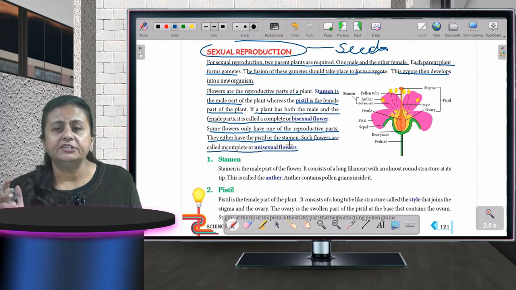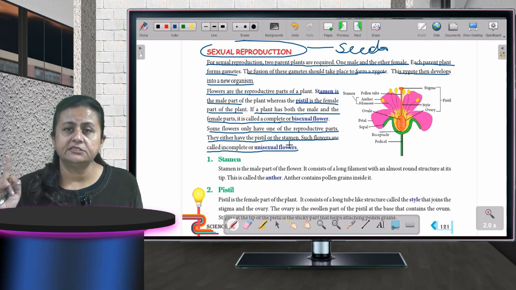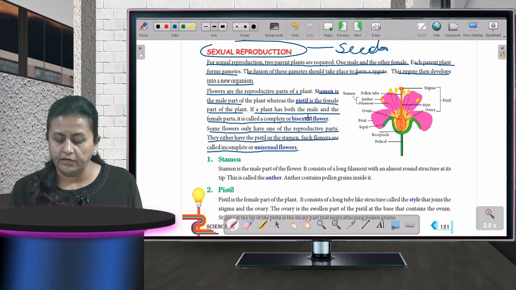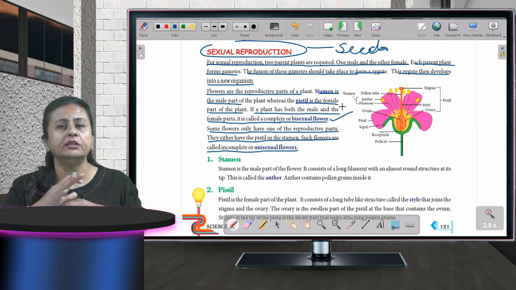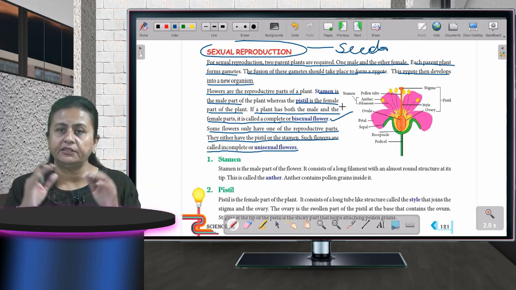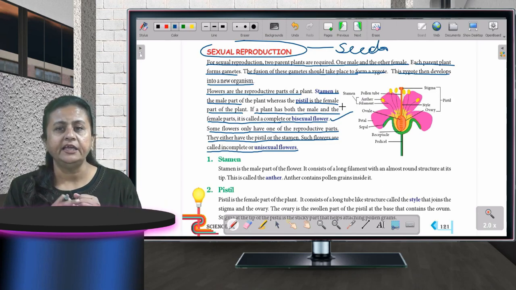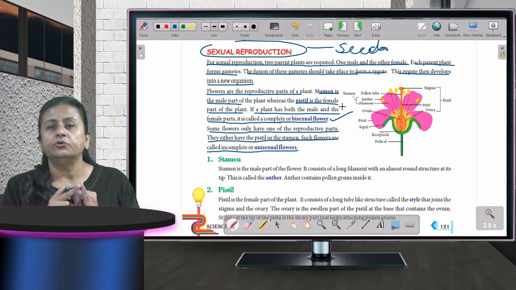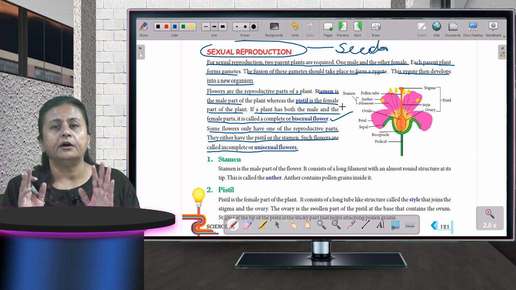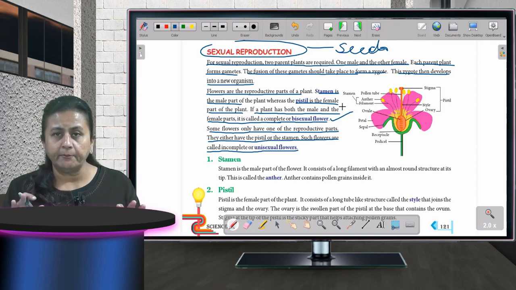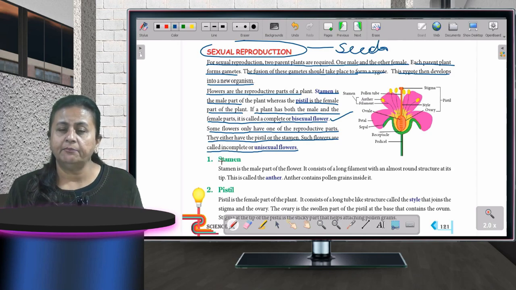A flower which has both the stamen and the pistil is called a bisexual or complete flower, because all the process would take place within the flower only. But in the flowers which do not have either pistil or stamen, the reproduction would be incomplete. So they are known as incomplete or unisexual flowers. Fine, children.